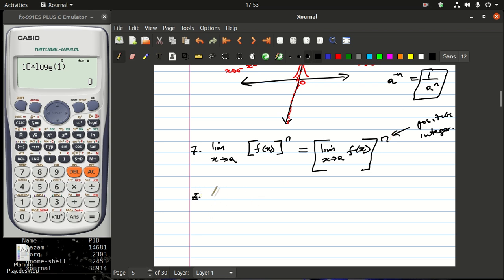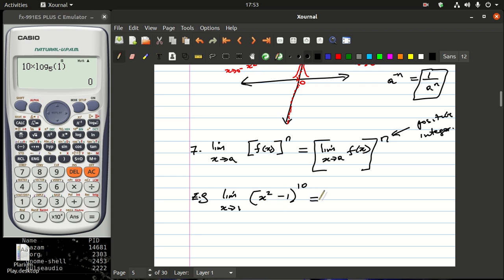An example would be: find the limit as x approaches 1 of x squared minus 1, raised to 10. How do we evaluate this limit?